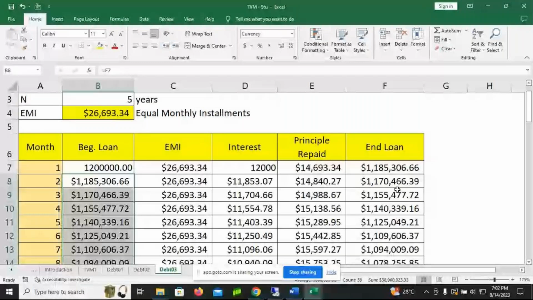Guys, have you downloaded the file that I have shared in the group? Yes, ma'am. Okay. Did you understand how to calculate the debt amortization?